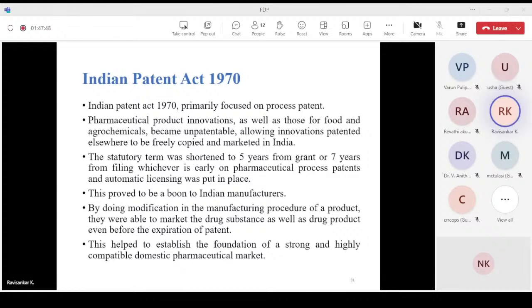When a process patent is granted, it doesn't mean we cannot market the product. If the product can be prepared using a different process compared to what is claimed in the patent, then we can easily market the product. This helped to establish the foundation of a strong and highly competitive domestic pharmaceutical market in India.